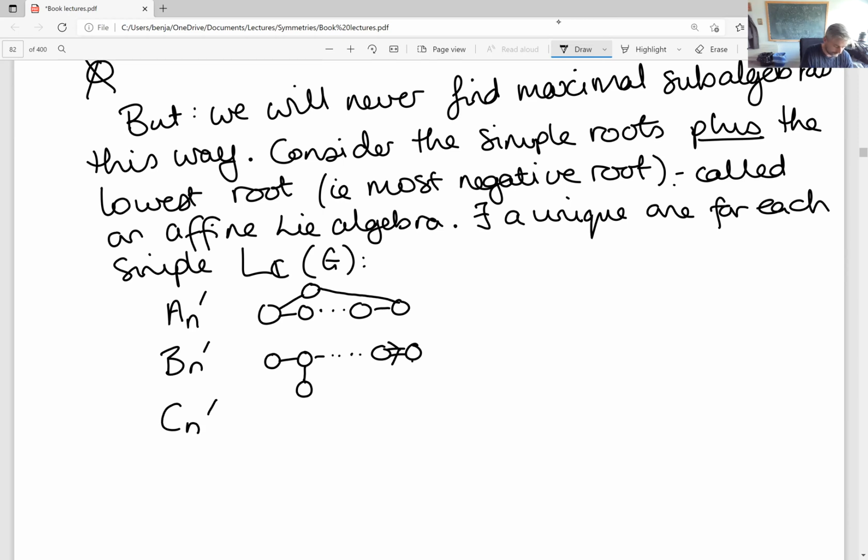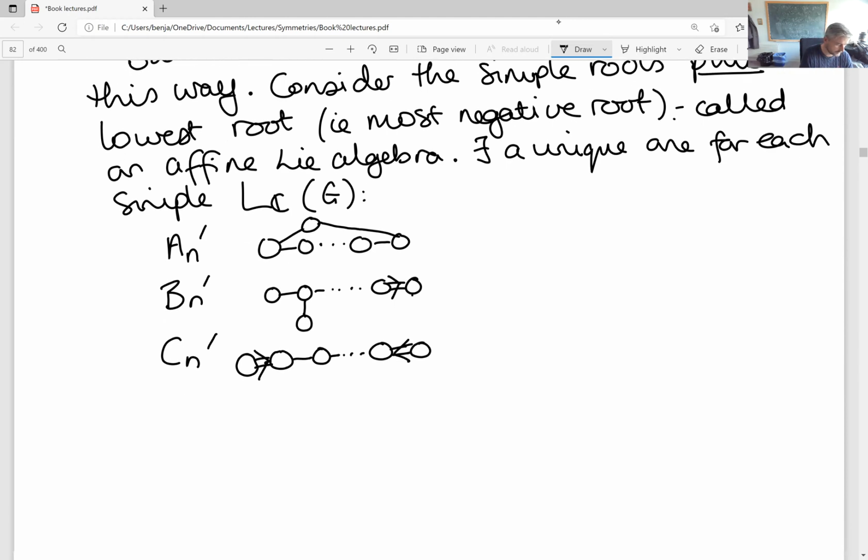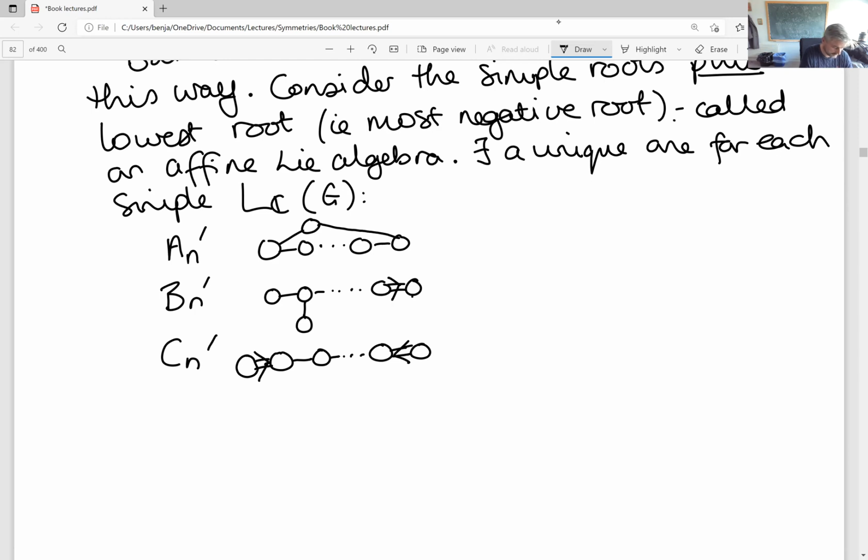Cn prime: before we had n roots this way, and we add this one on the left hand side. So these affine Lie algebras now all have n+1 roots.